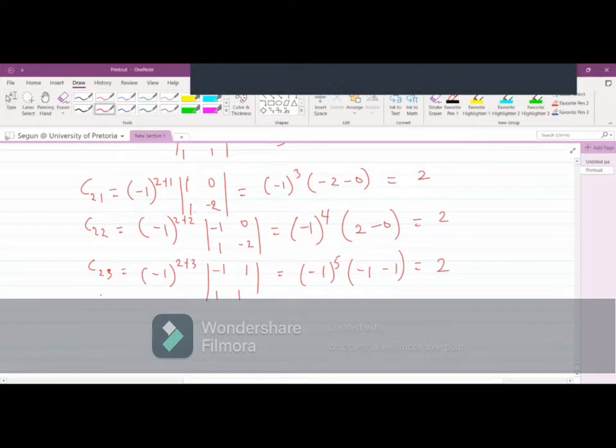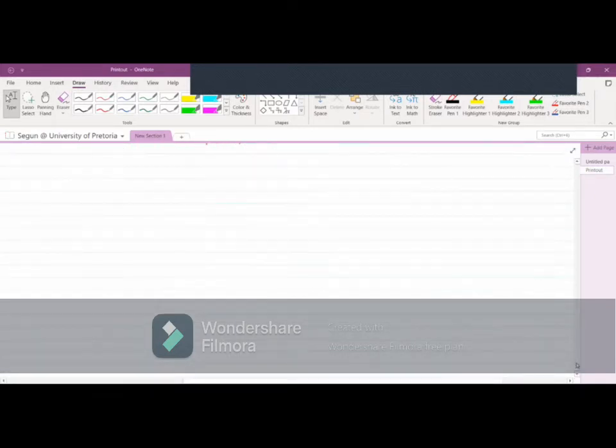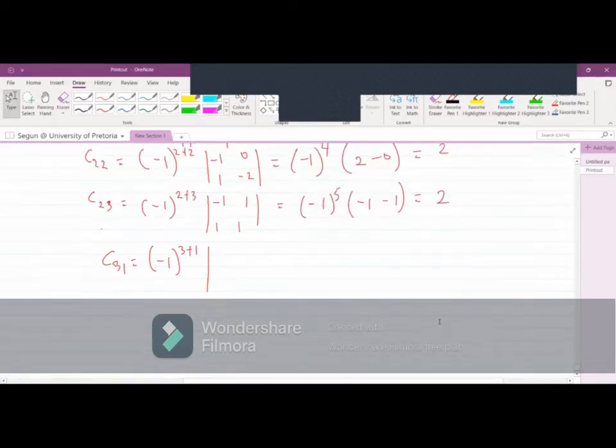So C31, minus 1 raised to power 3 plus 1. Akinwale, yes.